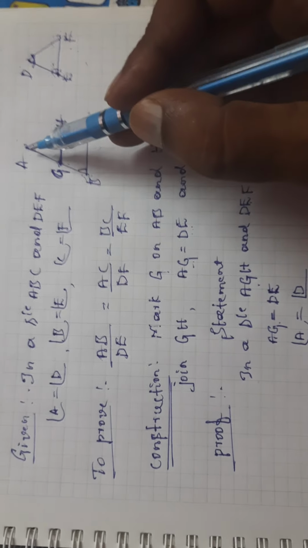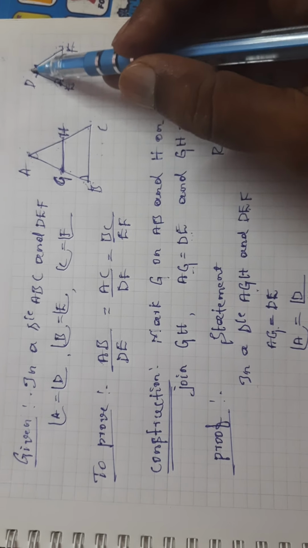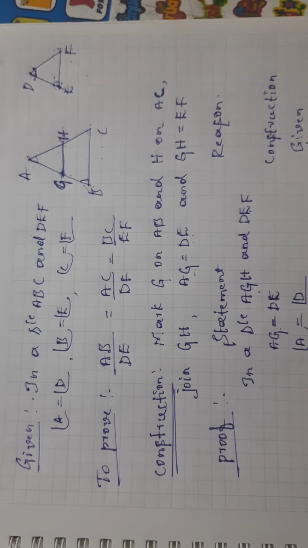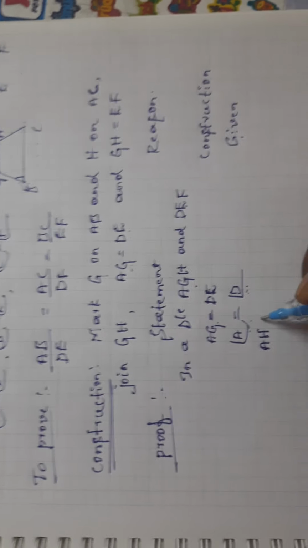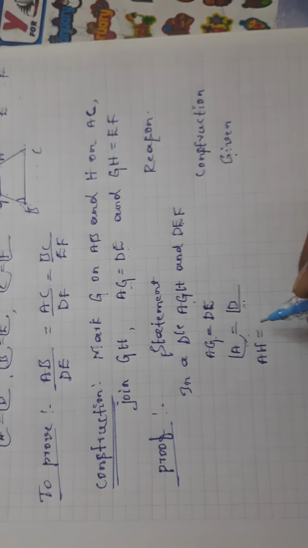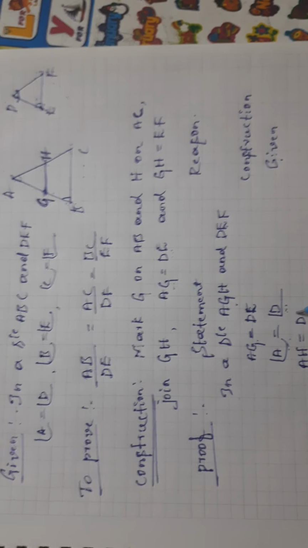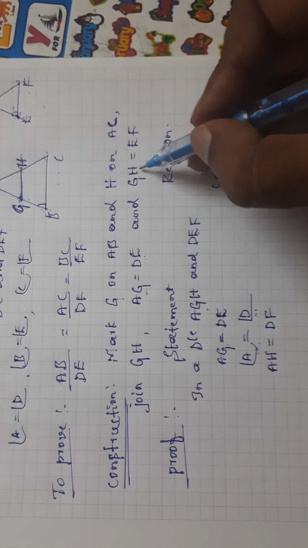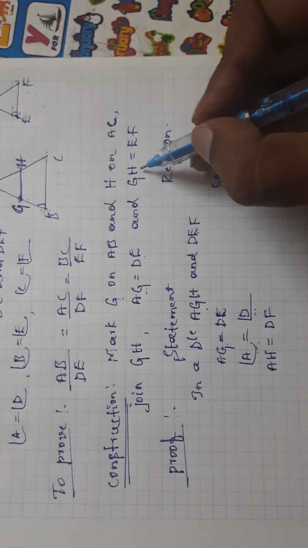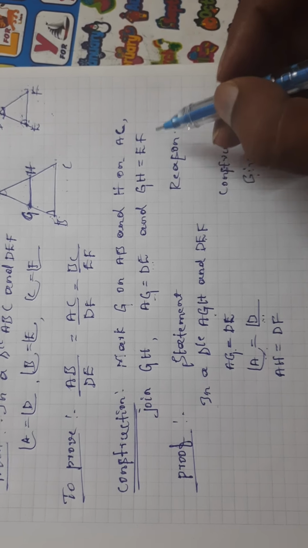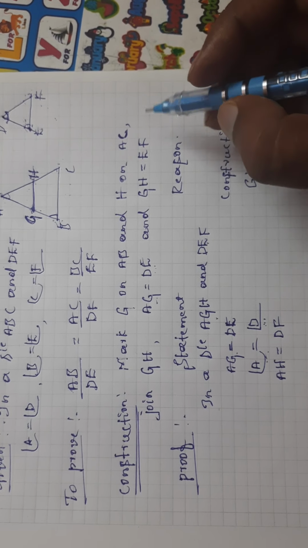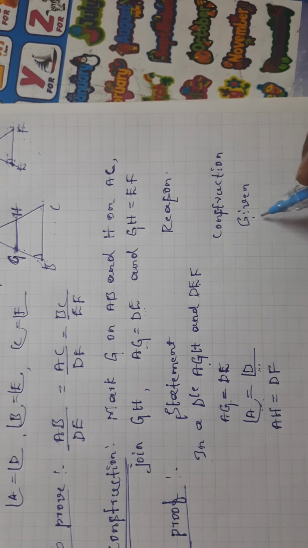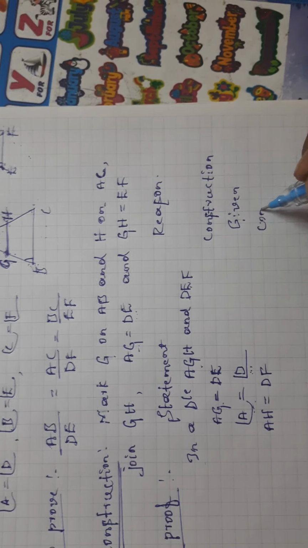What about the other side? AH is equal to DF. This is also from the construction.